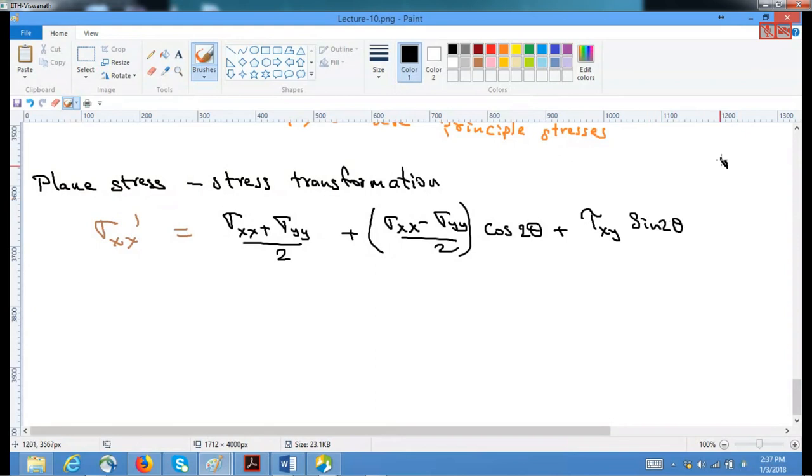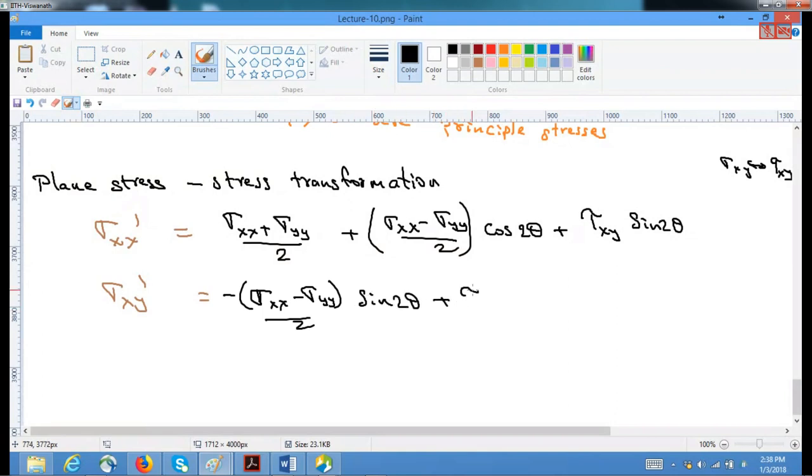Sometimes I interchange the notation, so don't get confused. And similarly, tau xy dash or sigma xy dash is given by minus of sigma xx minus sigma yy by 2 sine 2 theta plus tau xy cos 2 theta.